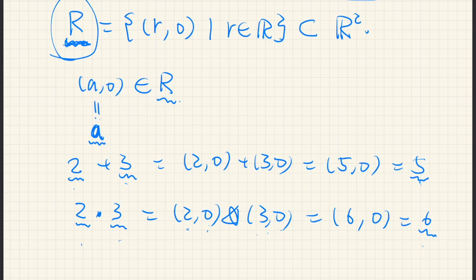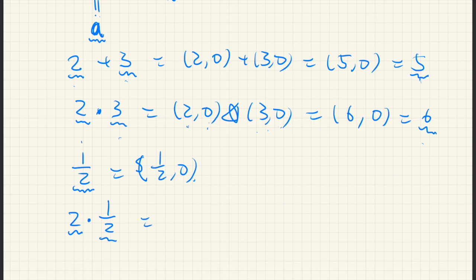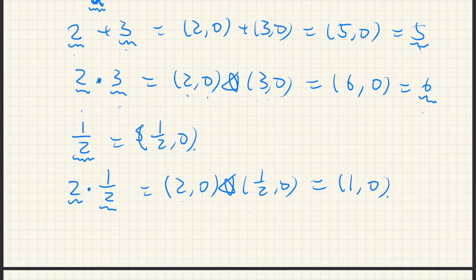By the way, what's interesting is, what about the wavy-line number one half, (1/2, 0)? If we multiply (2, 0) star (1/2, 0), that becomes (1, 0). So it looks like 1/2 is also the multiplicative inverse of 2, obviously.